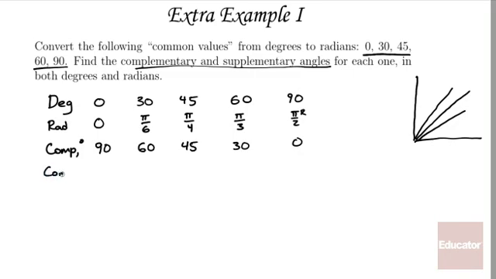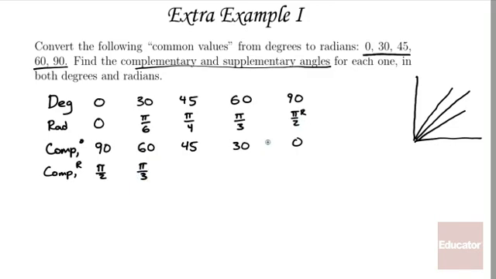Let's do those in terms of radians. The 0 degree angle, the 0 radian angle, its complement is going to be pi over 2, because those add up to pi over 2. Remember, that's the same as a 90 degree angle. Pi over 6 plus pi over 3 is pi over 2.